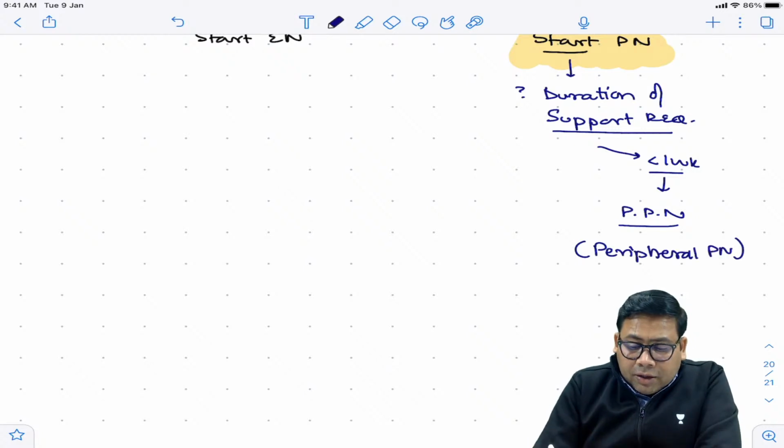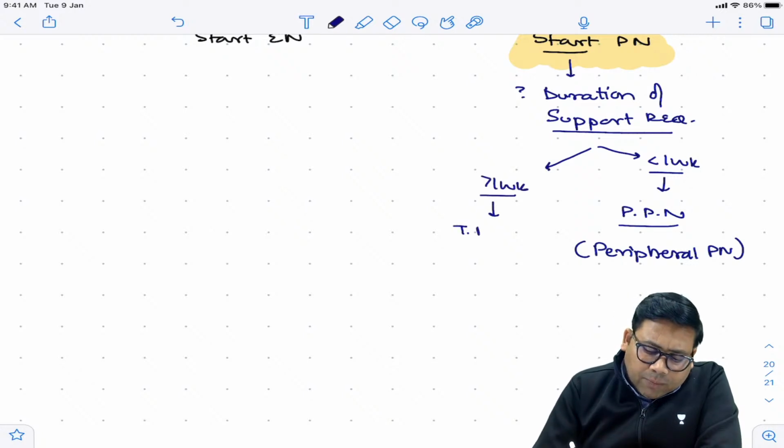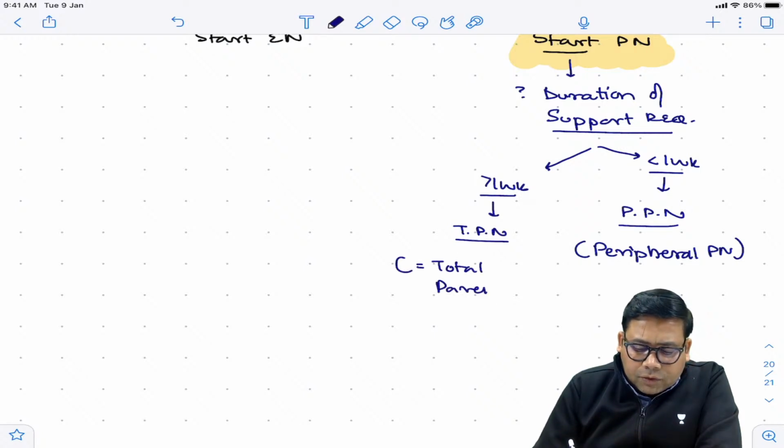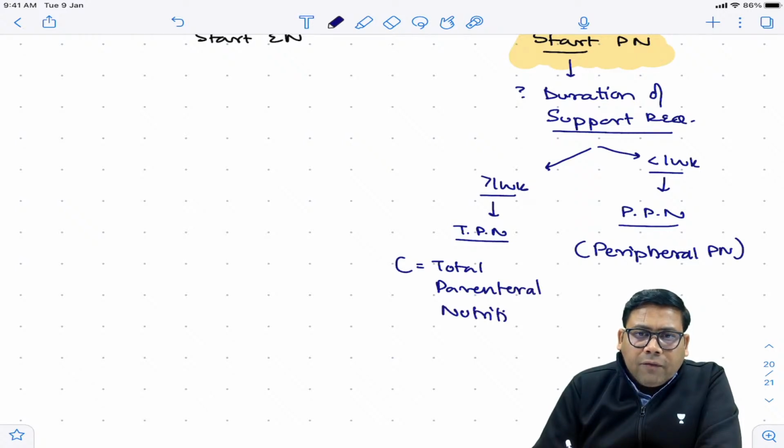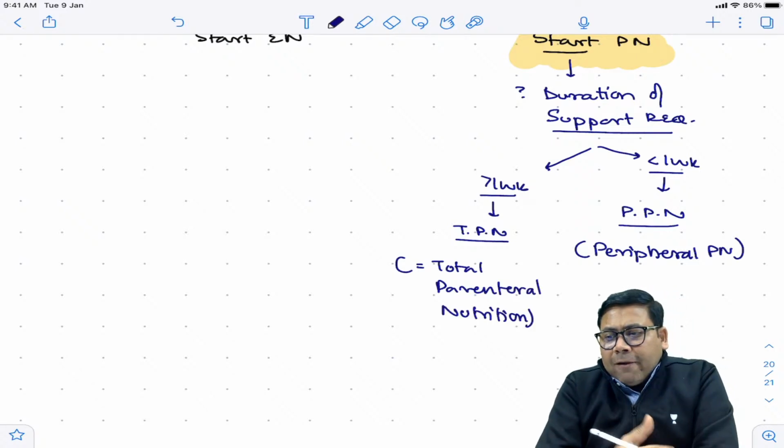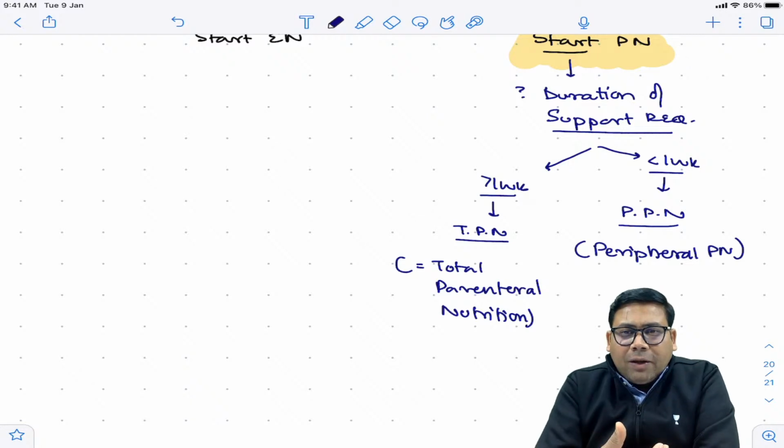And students, if you require duration for more than 1 week, in that case, you need to go for TPN. What do you mean by TPN, students? Total parenteral nutrition. So total parenteral nutrition, this is very, very important. So we have PPN, we have TPN.